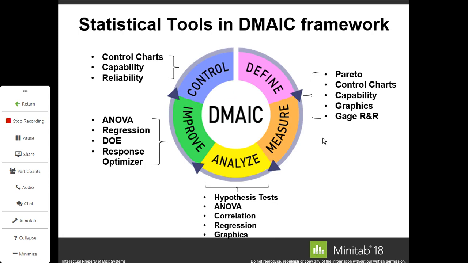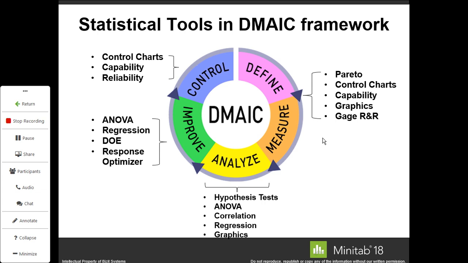Today, these are the tools in Minitab mapped to the DMAIC improvement framework. During the define and measure stages, maybe we can use a Pareto chart to find out the most important factor.